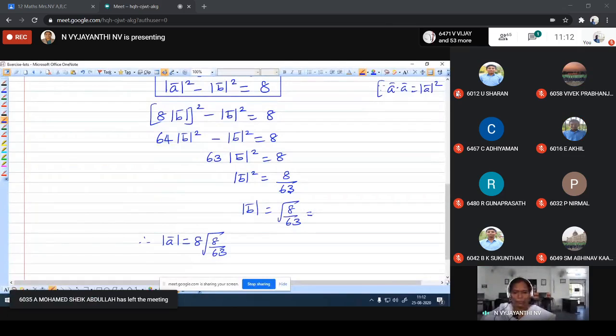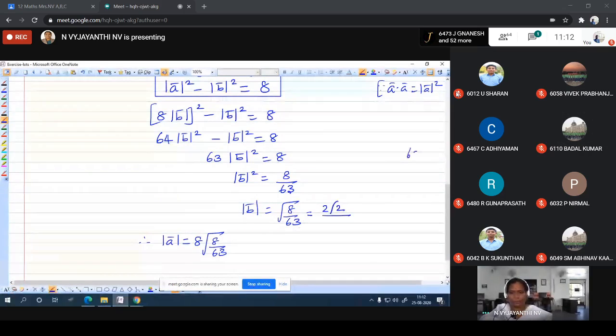We can write this as 2 root 2 divided by. How can you write 63? As 9 into 7. So 3 root 7, isn't it? And here we can write this as 8 into 2 root 2 divided by 3 root 7.